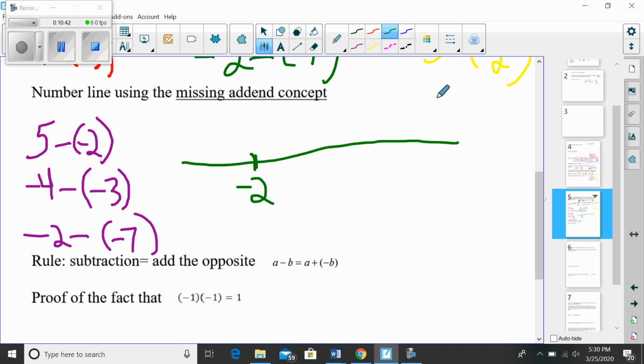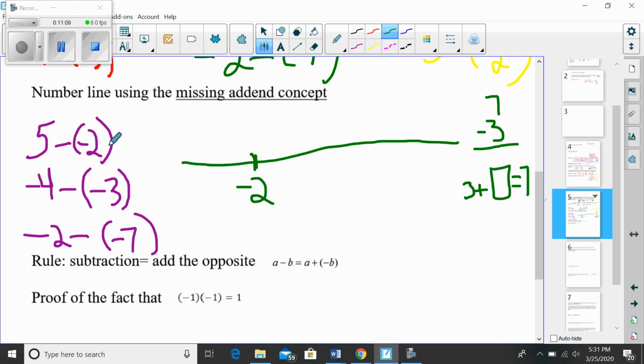If you recall back in whole numbers, if we were doing a subtraction problem and wanted to use the missing addend approach, remember I have my minuend and my subtrahend. The missing addend meant that I started with the subtrahend, and then I asked, what do I add to get up to my minuend? So we're going to use that approach here.